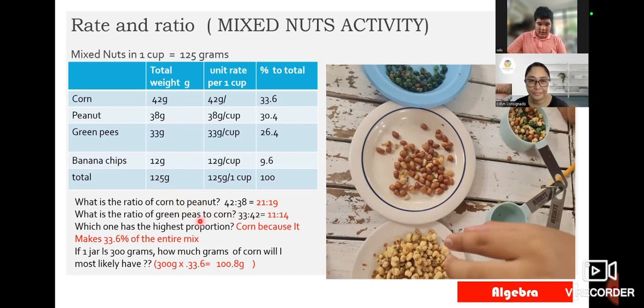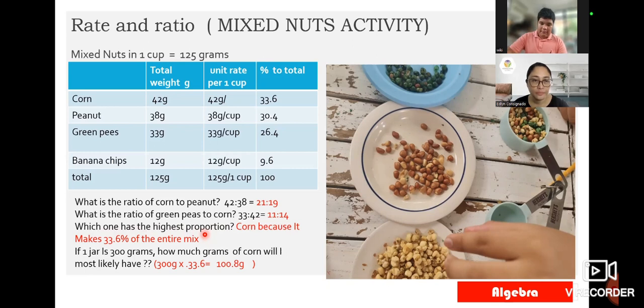Then here for green peas to corn, it's originally 33 and 42. Then I decreased that to 11 and 14. One of the questions here is, which one has the highest proportion? And I said corn because it made up 33.6% of the entire mix.